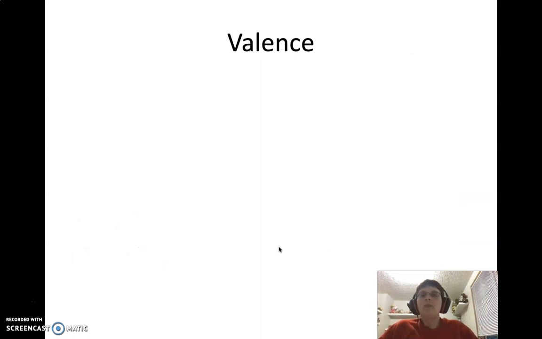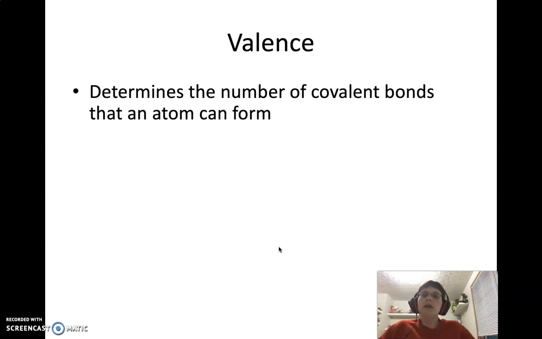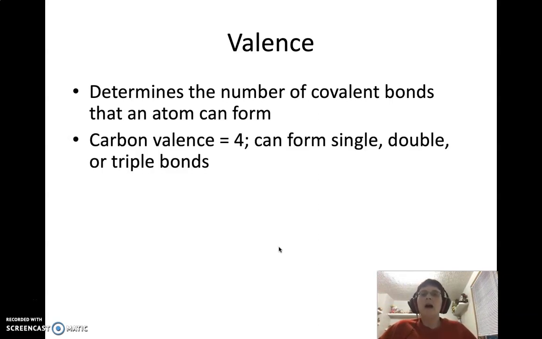The last thing to talk about as far as the general covalent bond is valence. Valence is just the number of covalent bonds that an atom can form. We've seen this a couple of times. The carbon valence is equal to 4.